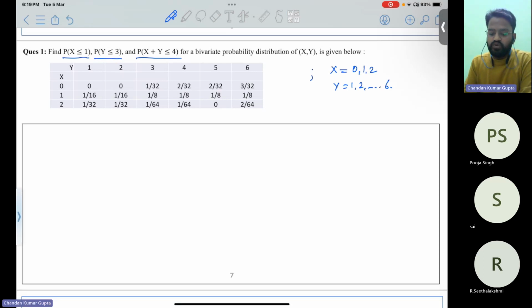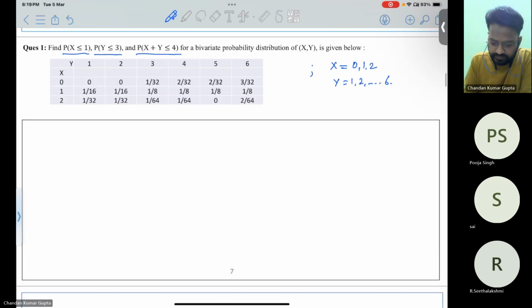We need to calculate the probability that x is less than or equal to 1. That means we need to calculate the marginal of x first, and also the marginal of y, because we need y less than or equal to 3.